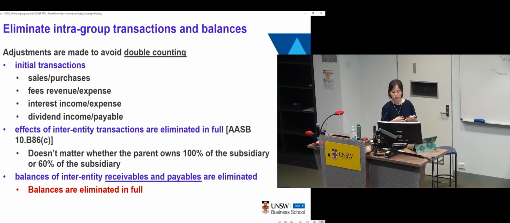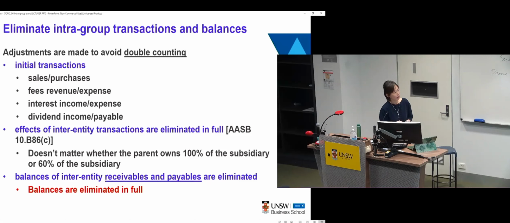So to avoid double counting, it is necessary to remove the effect of the intragroup transaction in your consolidation worksheet. Once again, full elimination is required. It doesn't matter whether the parent owns 100%, 70%, or 80% of the subsidiary. The only thing you have to be careful about is dividends.